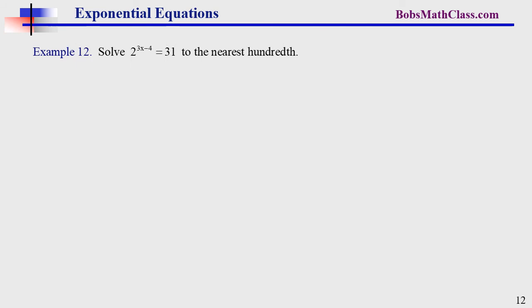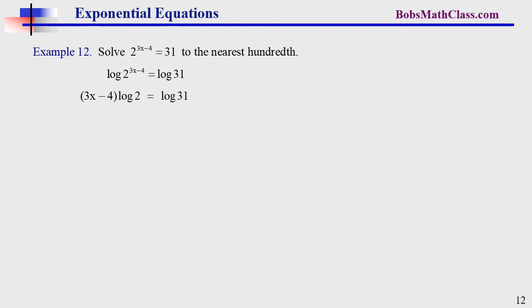Okay, this one's very similar to the last one. A little bit more complicated because it's got a 3 in front of the x. You should pause the video and try to work it out. Okay, same steps. Take the log of both sides. Second step, use the power rule.